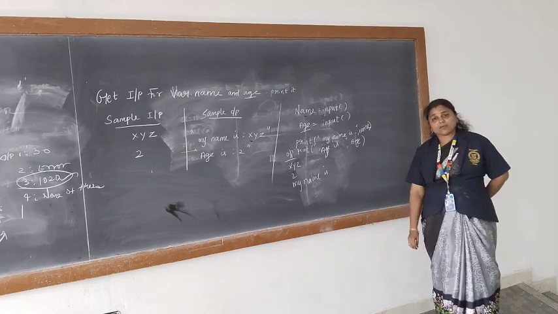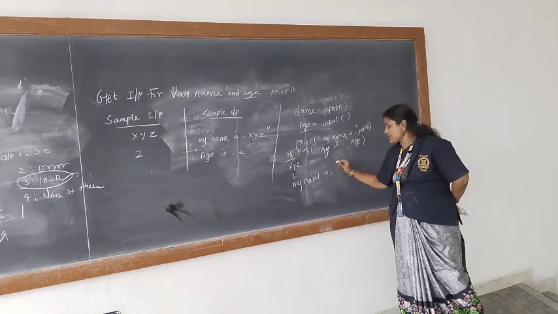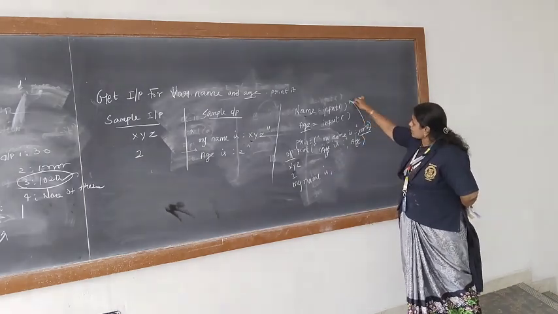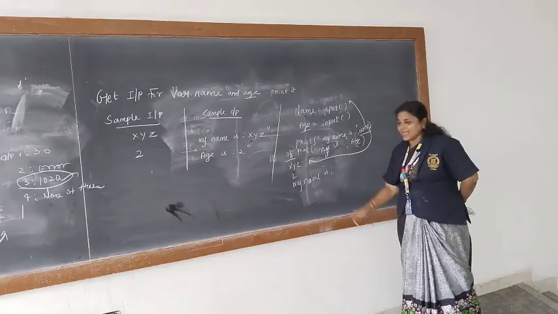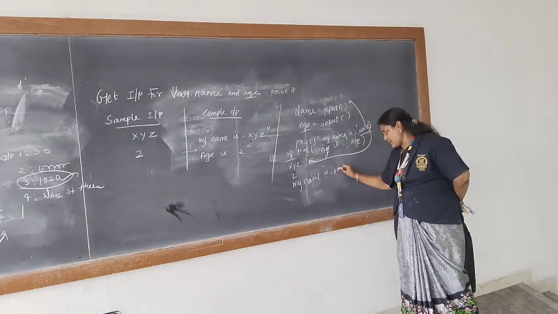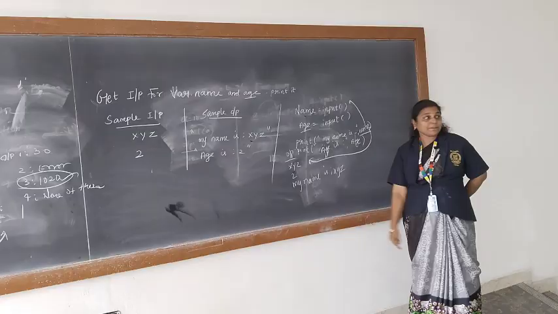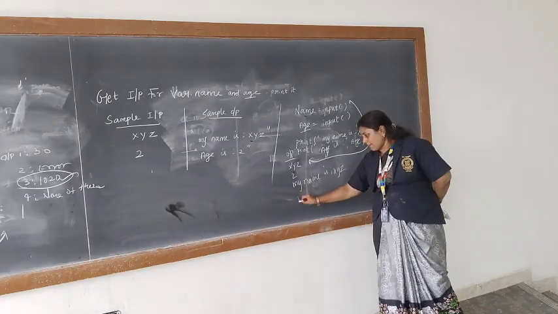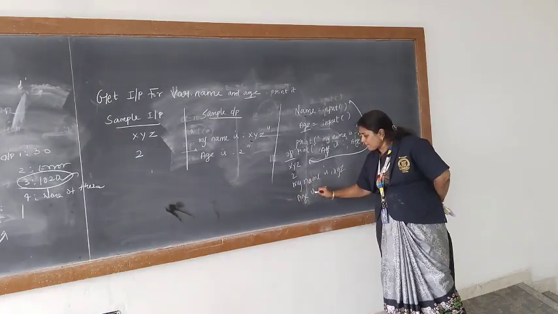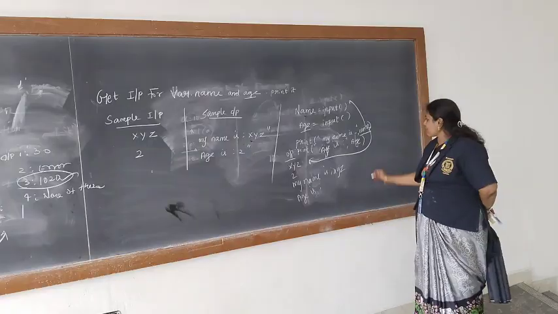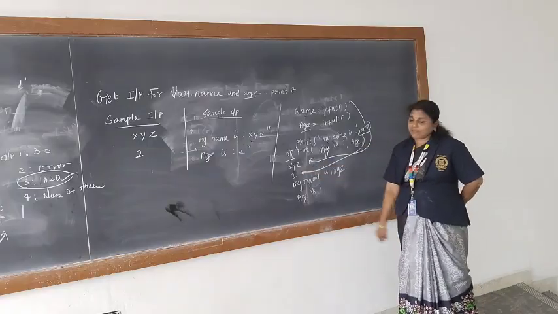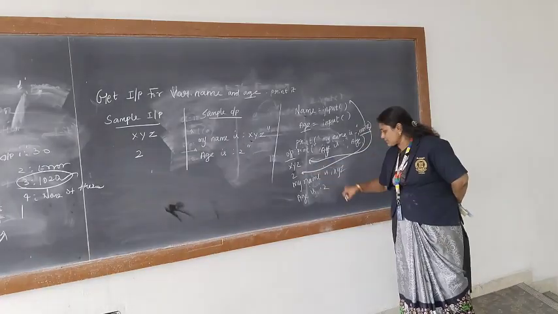So now what should be the output? My name is, and instead of name, what are we going to give? XYZ, right? We have to call XYZ. And then the second print statement is age. For the age we gave, that is 2, we have to print this 2.